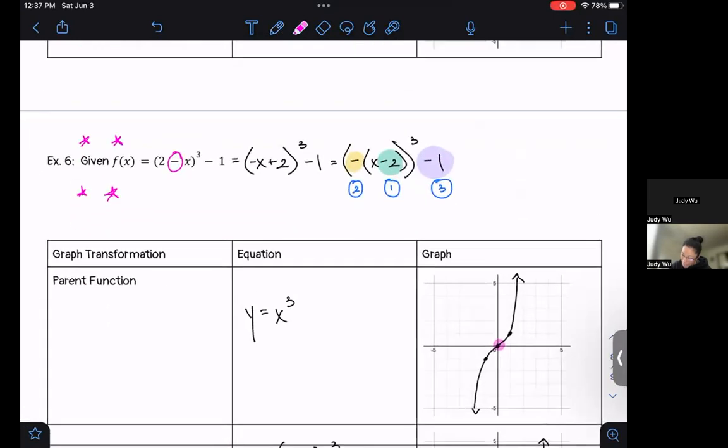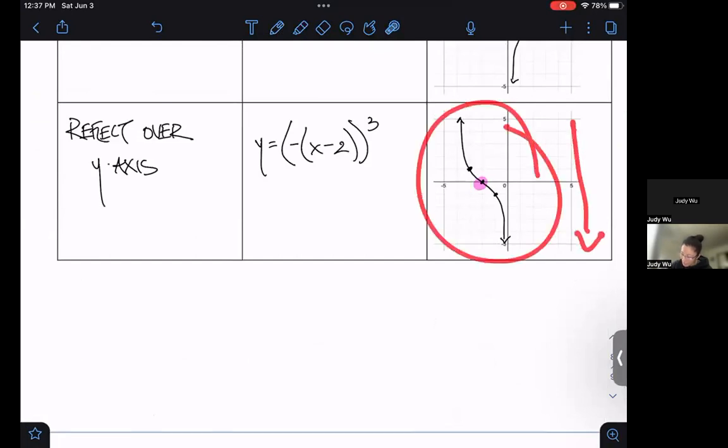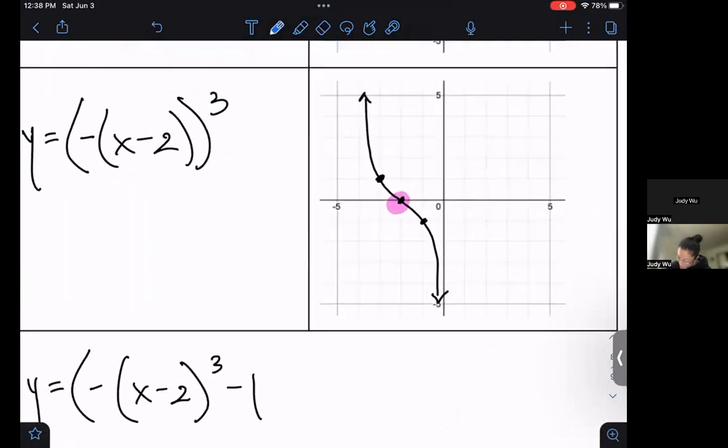All right, last piece here, that minus 1 just means that I need to take my picture and slide it down 1, okay? Now, I forgot the extra box, so we'll write it down here, minus 1, y equals negative x minus 2 cubed minus 1. And I'm going to cheat, and I'm just going to draw it right on this same graph, all right?